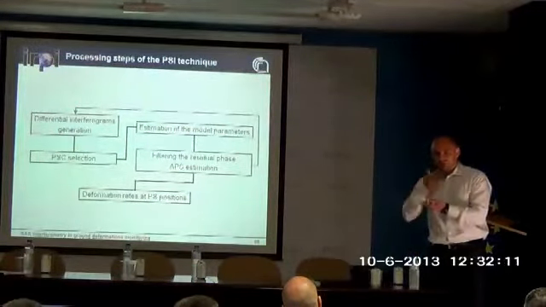Once we have this error, we can filter this phase because the atmosphere is, let's say, random. I don't know the experience that you have in signal processing, but the atmosphere is spatially random.